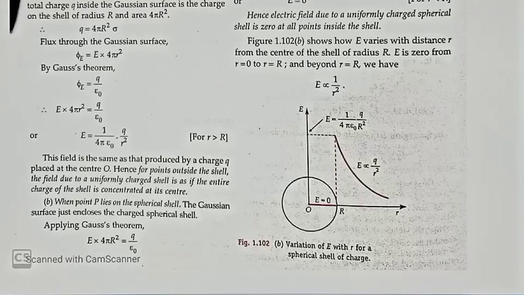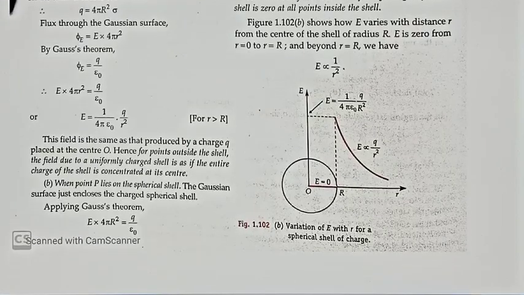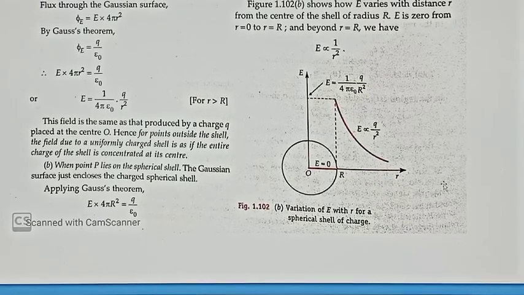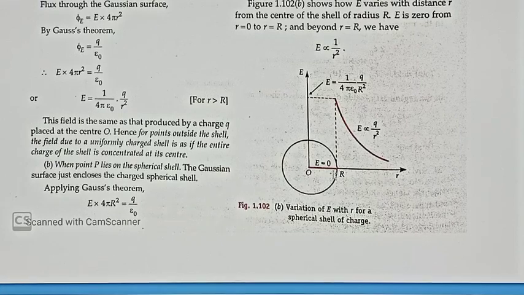Now if you want to draw a graph between E and R to see the variation of electric field with respect to the distance, then you can see that inside the spherical cell electric field is 0 and it is maximum at the surface.